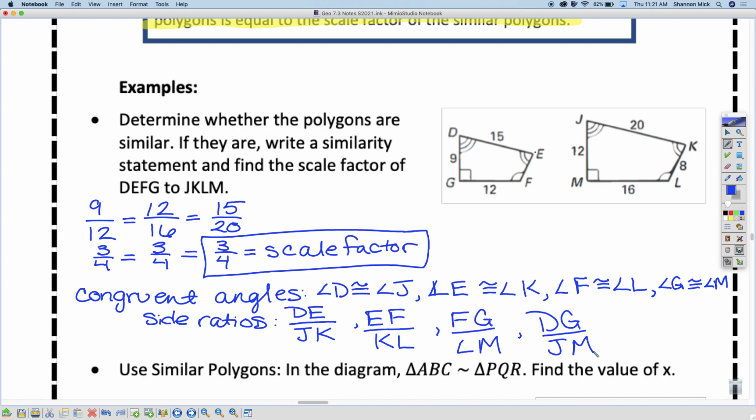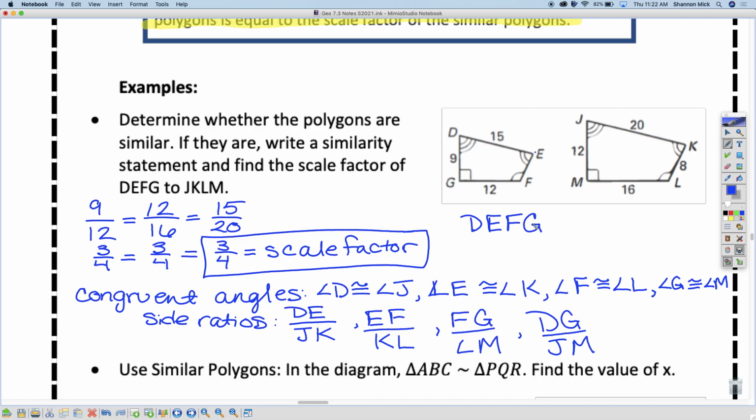So how we write similarity statements is we list the angles in corresponding order. I pick one and put it in alphabetical order, so I have D, E, F, G. If this was a triangle, I'd put a triangle in front of it, correct?